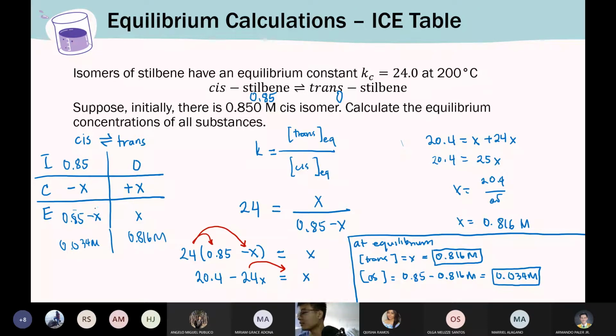Okay? So, subtract kapag mababawasan siya, positive kapag madadagdagan siya. Paano mo malalaman uli kapag madadagdagan o mababawasan? Yun yung direction of reaction. As a general rule, kung saan yung 0, dun pupunta yung reaction. Kasi kulang yun eh.